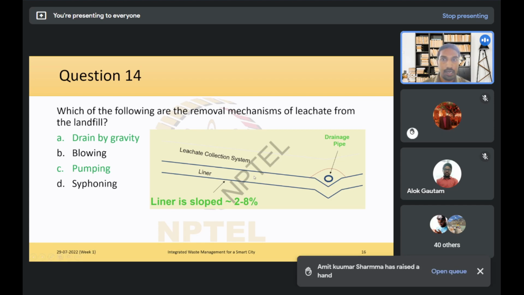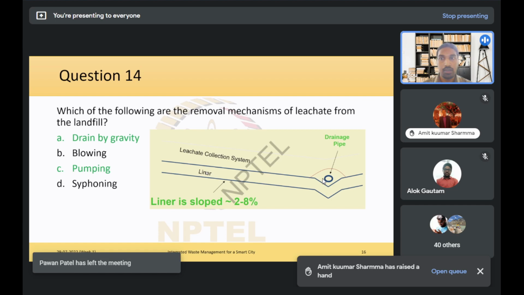So that is by using gravity. The other way is to have pumps present within the landfill, at the bottom layer, and the leachate will be pumped out of the landfill using these pumps. Those are the two ways in which we could remove it, but pumps are not as preferred as draining by gravity.